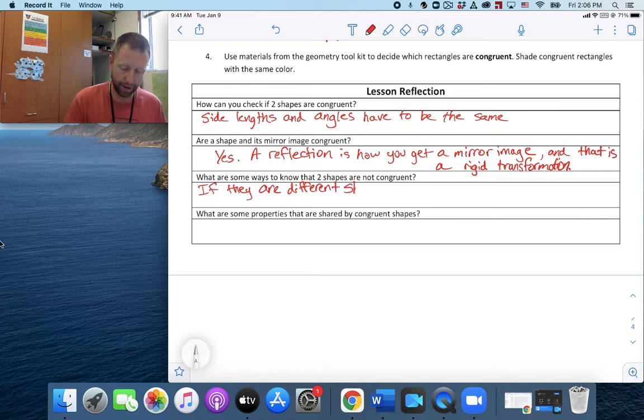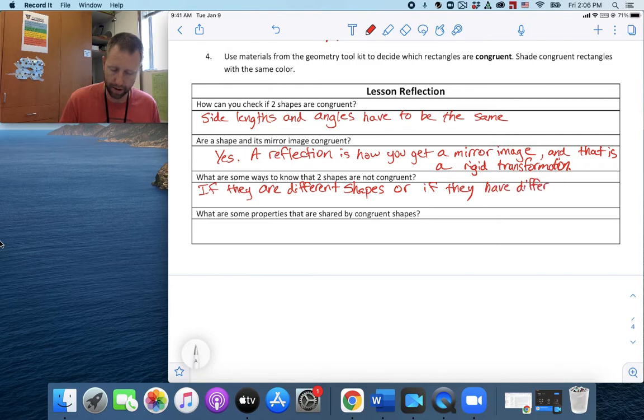If they are different shapes. Or they can look the same, but if they have different side lengths and angles, then they are not congruent. If they have different side lengths or angles.